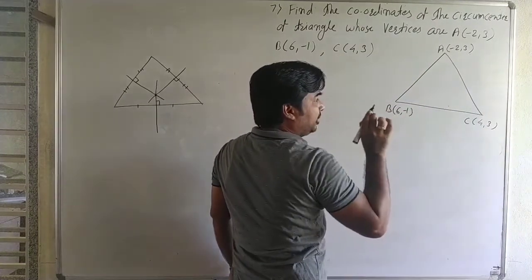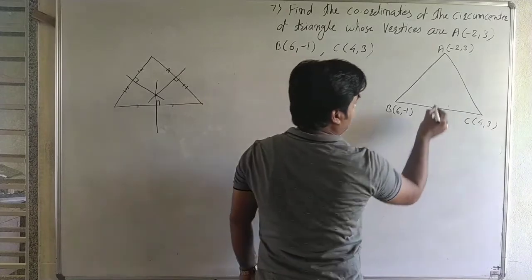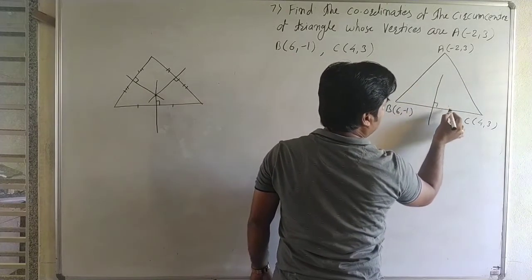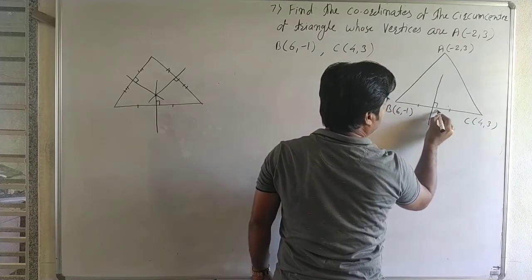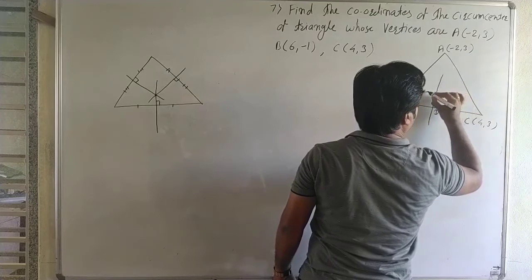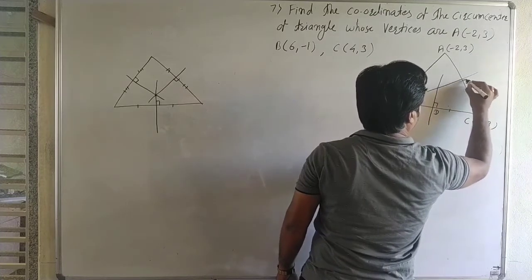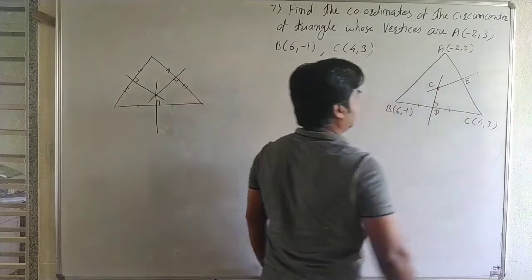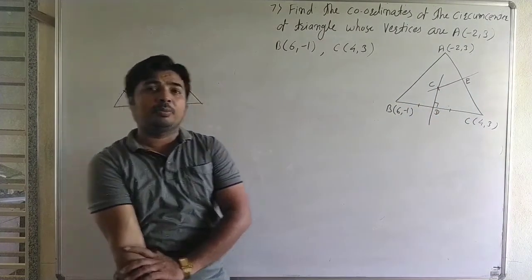We draw any two perpendicular bisectors. Suppose it is D, and here suppose it is E. And here C is the circumcenter, the point of intersection of the perpendicular bisectors.